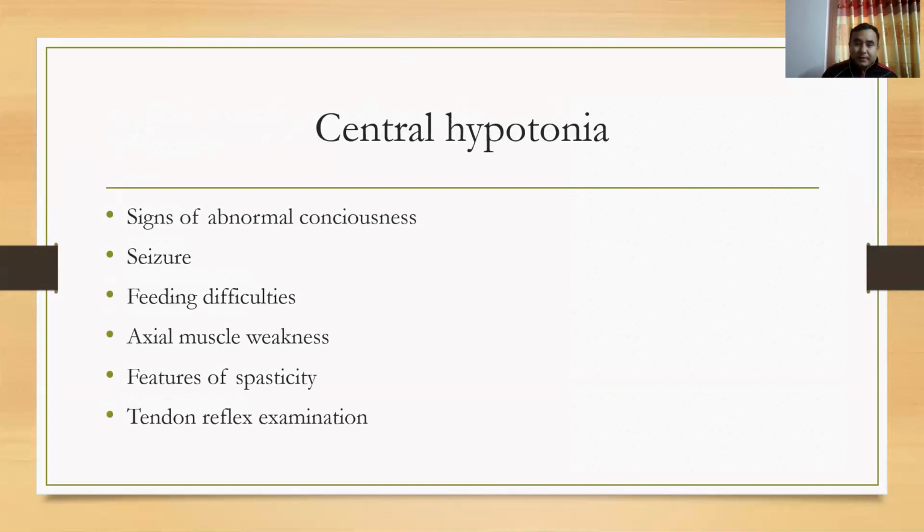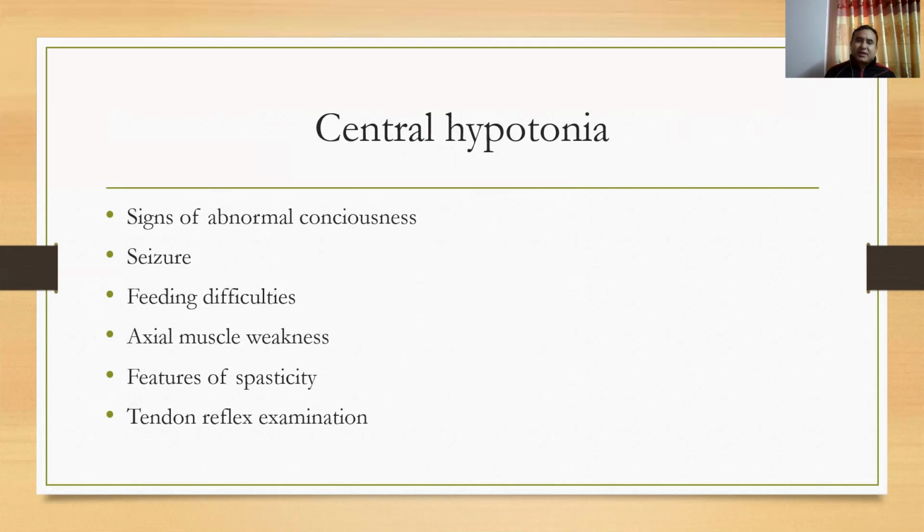So we have discussed the different etiologies of central hypotonia, how we are supposed to elicit it, and what the important things to examine are if we get a child with central hypotonia. But definitely we need to differentiate central hypotonia from peripheral hypotonia, because this will guide us towards further investigation.